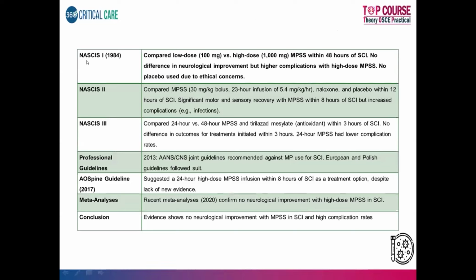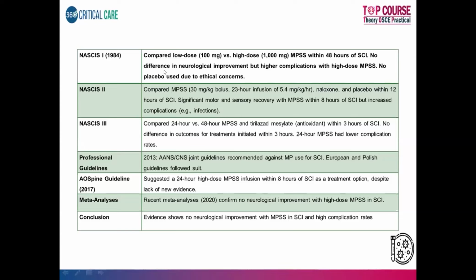We have a lot of trials. Basically, the NASCIS 1, 2, and 3 trials are the important trials for steroids in the spinal cord. The first trial, done in 1984, compared low dose versus high dose steroid within 48 hours of the spinal cord injury. They showed no difference in neurological improvement, but higher complications with high dose methylprednisolone.